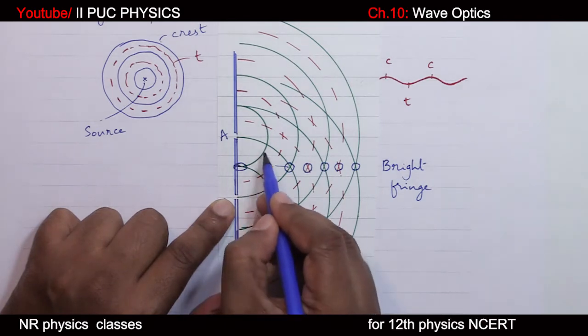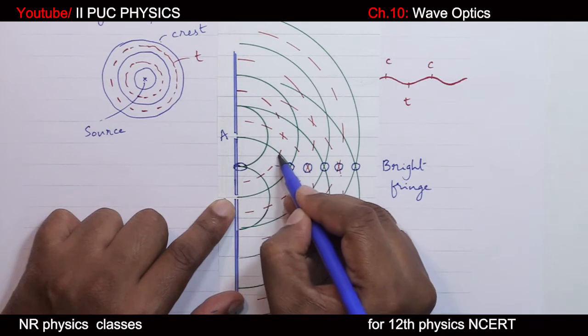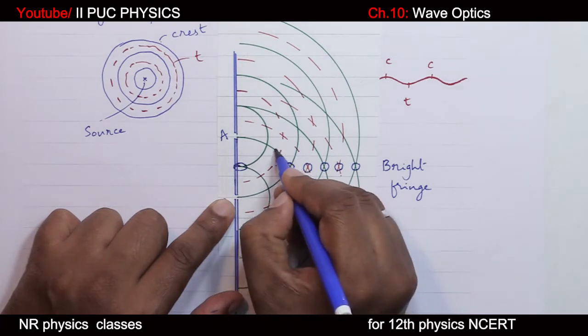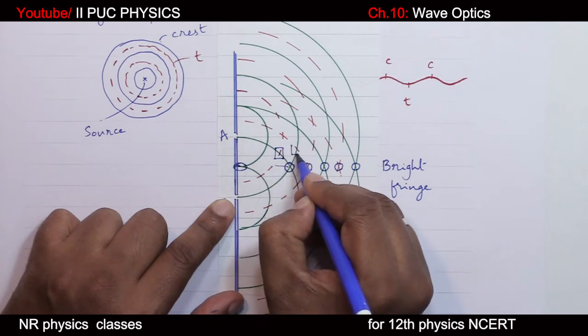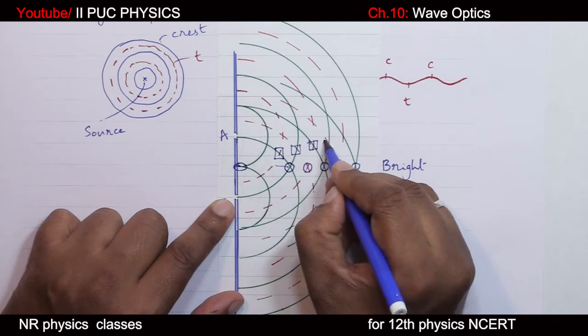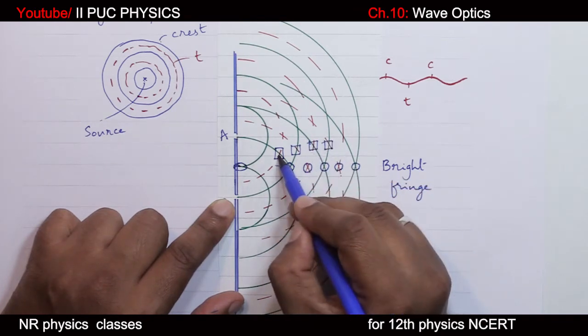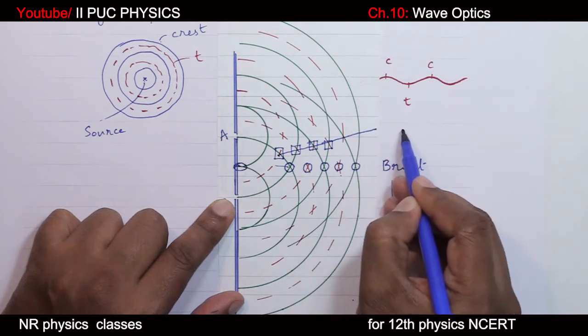Now here red line is overlapping on green line. So this is crest on trough, trough on crest, crest on trough. Can you observe these regions? So if I join all this, then this results in destructive interference.